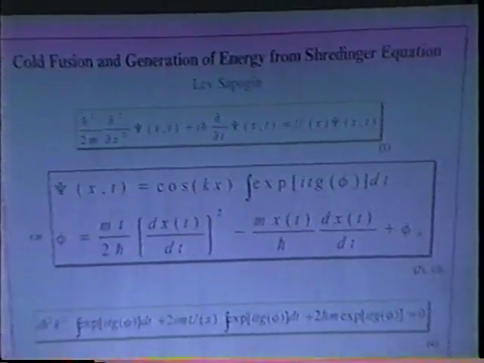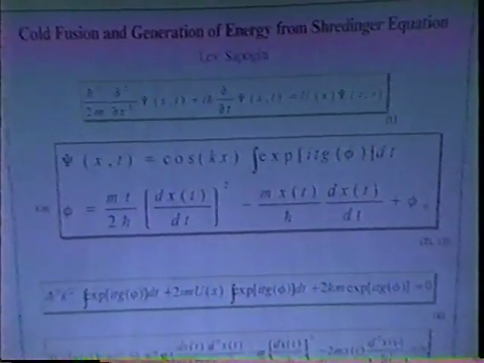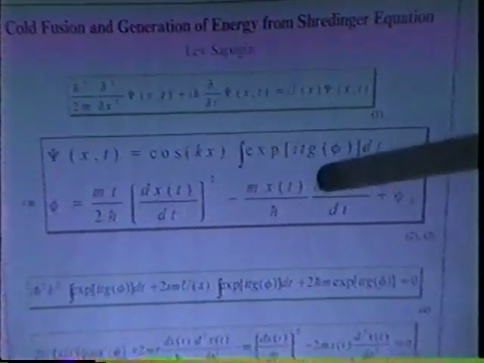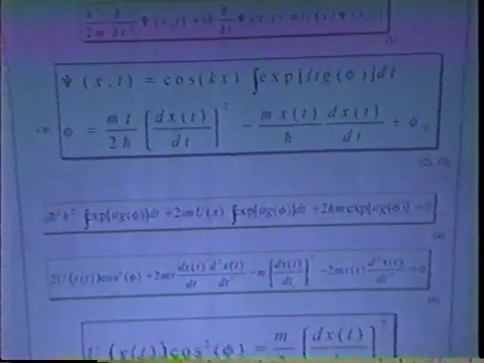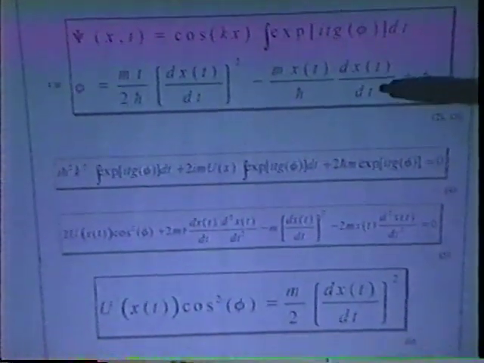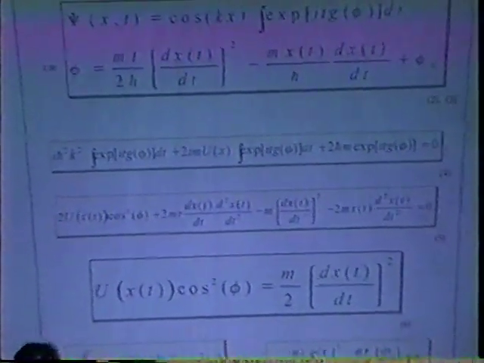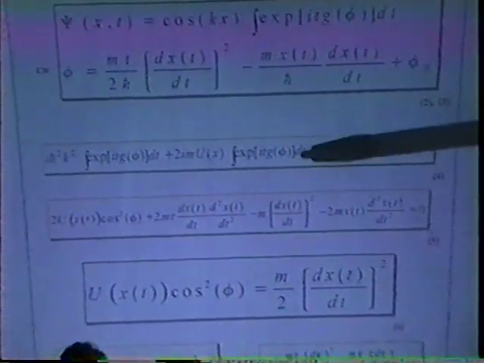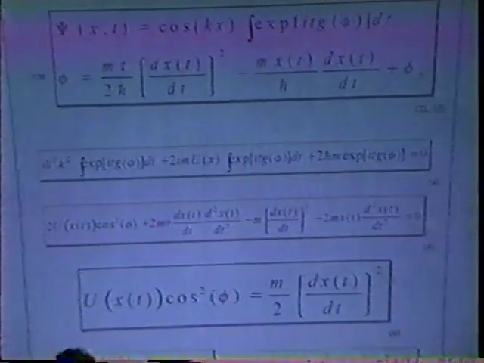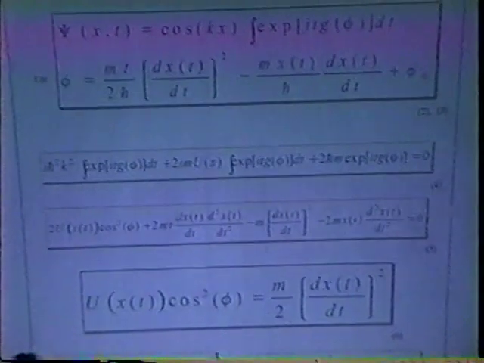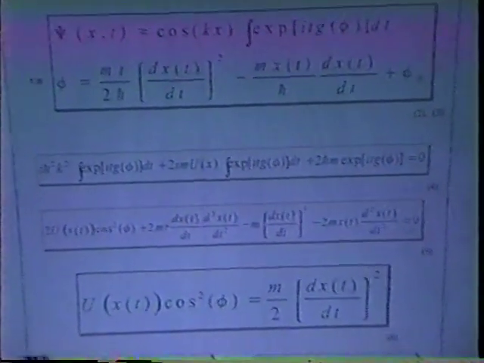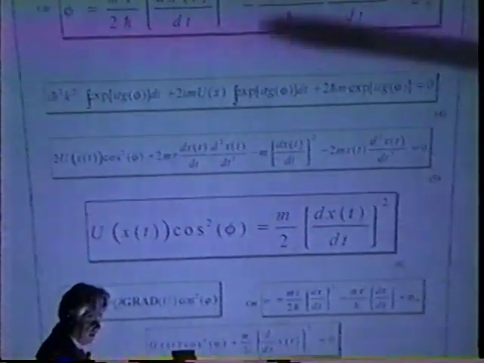You see the name of my report. You see, that's the Schrödinger equation. I use a very complex substitution. After use, you see that the first member for small energy is neglected.